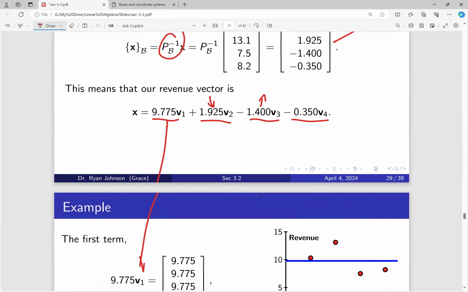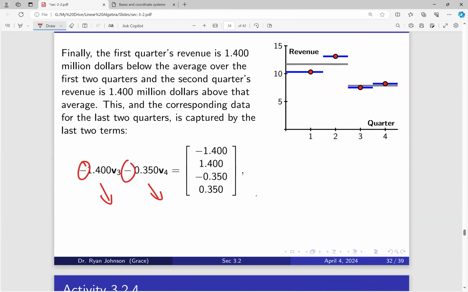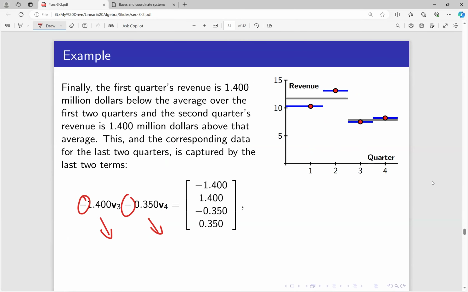This is the increase of that amount quarter one to quarter two, increase of that amount quarter three to quarter four. So it kind of describes more of the motion of the money. Okay, so that change of basis helps me understand that data in a new light.